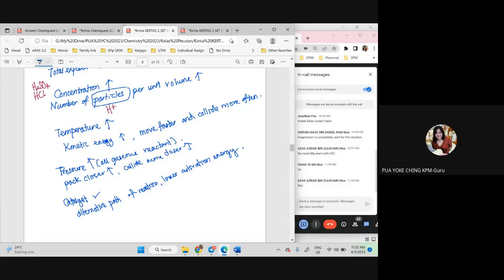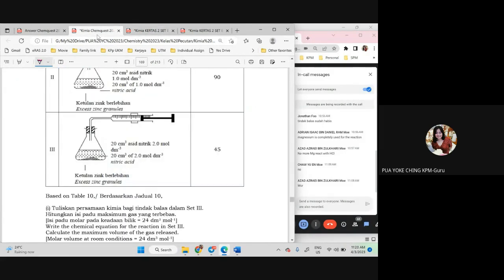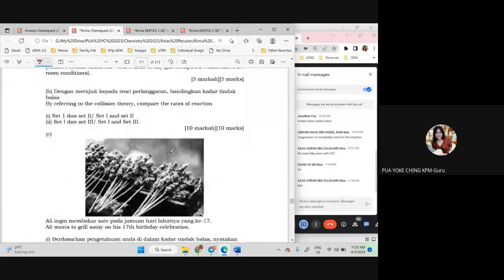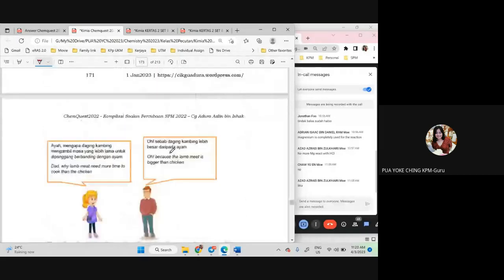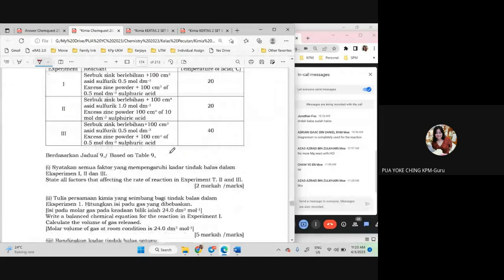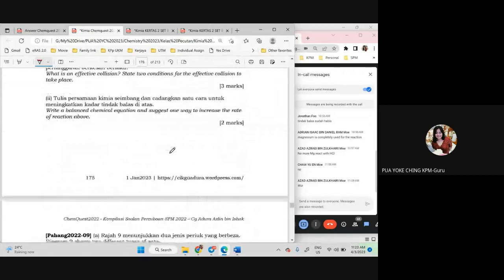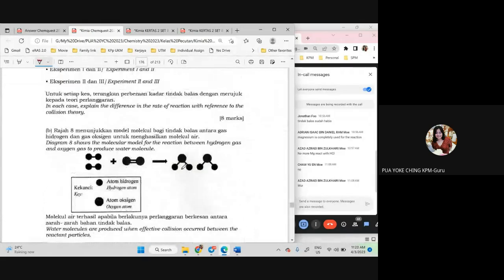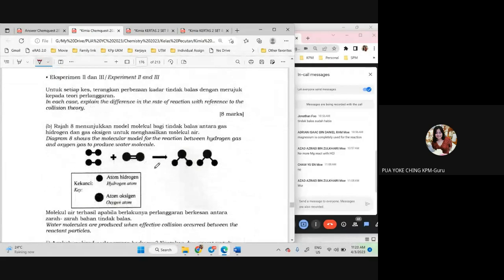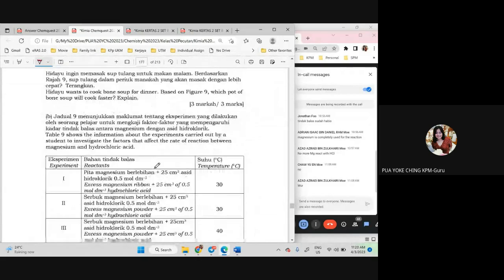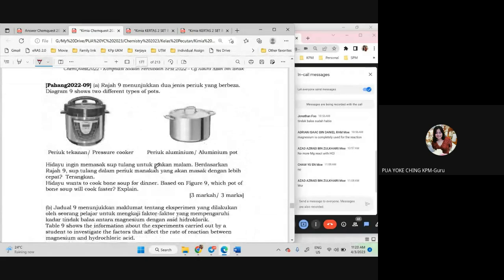Okay, label activation energy. Sekejap, cikgu cari kan ada tak catalyst dekat sini. Okay, jangan risau kalau dia keluar macam ni ke, keluar macam mana ke. Okay, this is the pressure cooker.